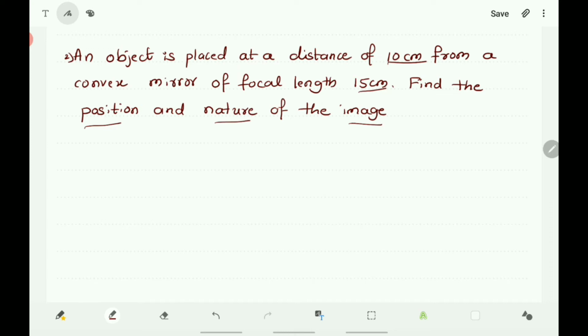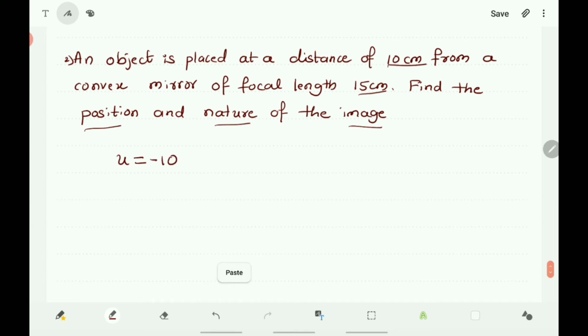So you write the object distance u is equals to, it is negative for convex mirror and also for concave mirror, so u is equals to minus 10, and focal length is given, that is f is equals to 15 centimeter.